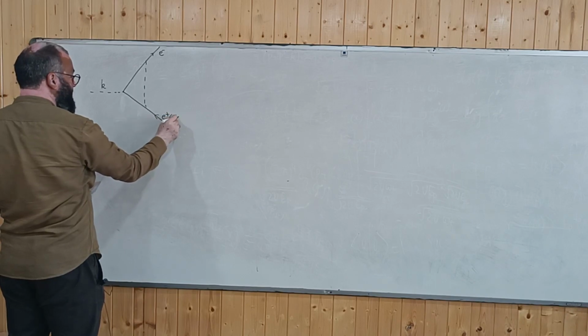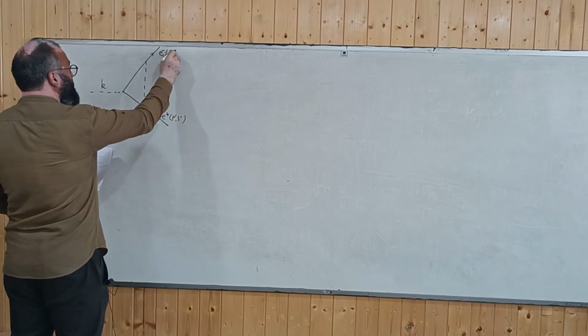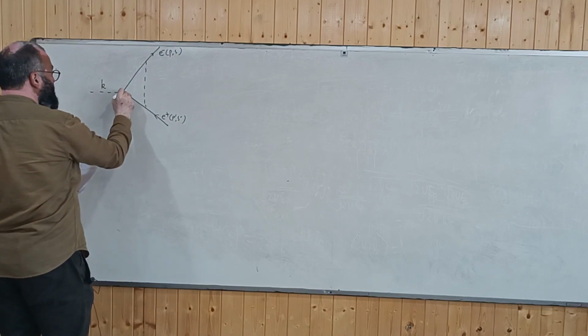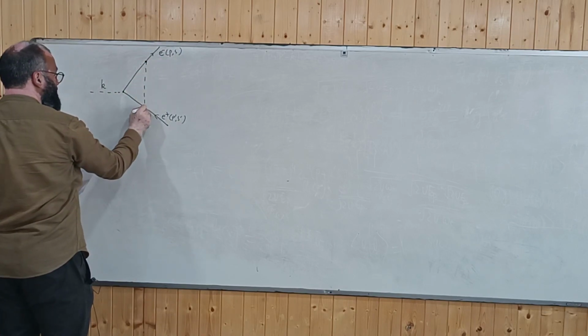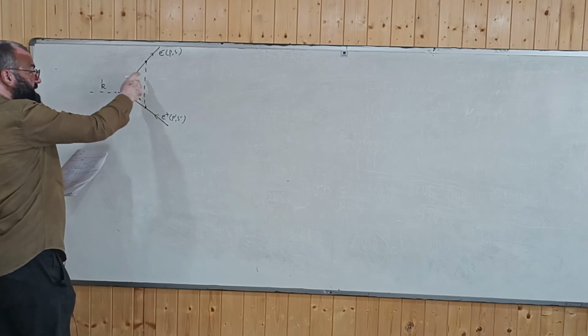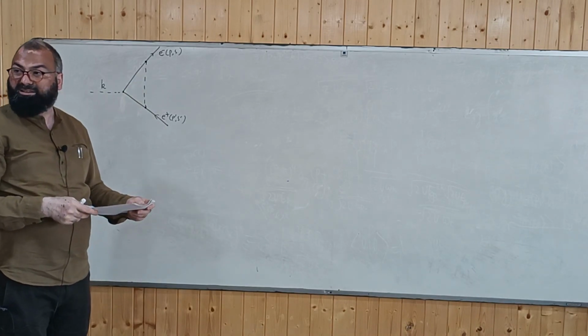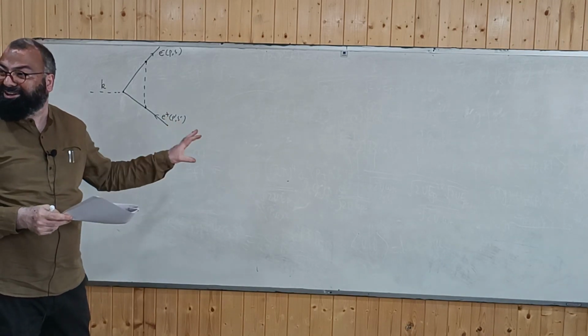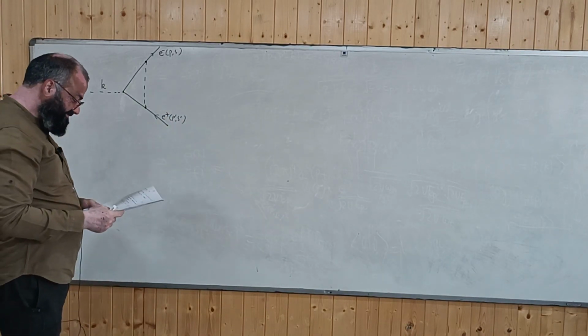Let's write it as e prime s prime. This is e p s. So what are these? These are the propagators. These are two fermion propagators, and this is one bosonic propagator. Remember?